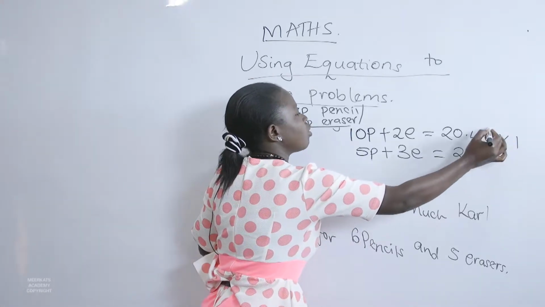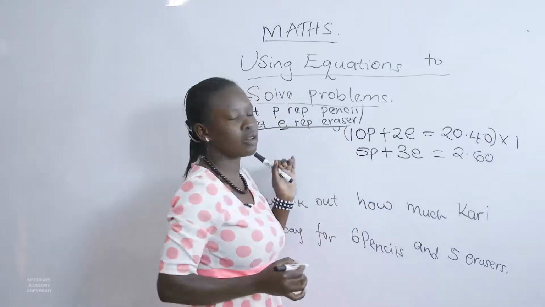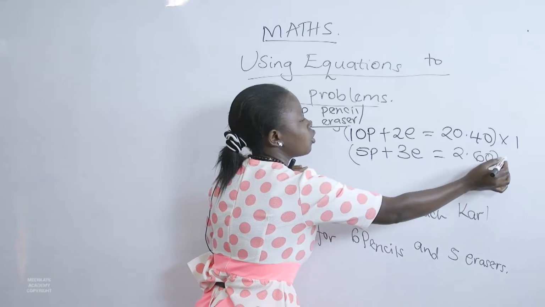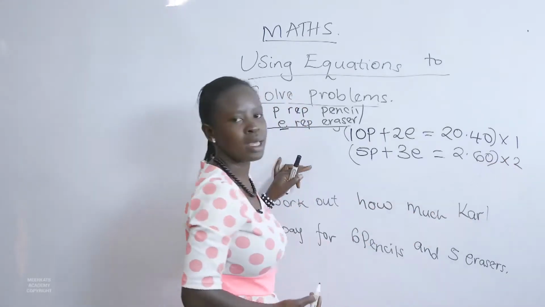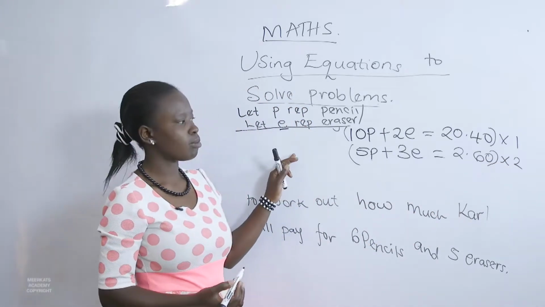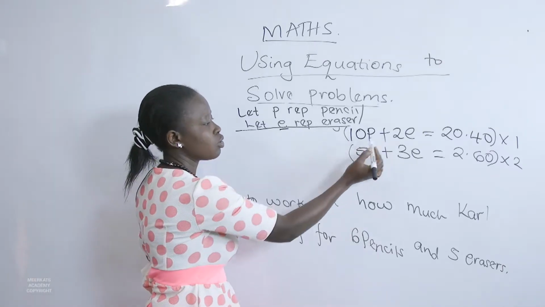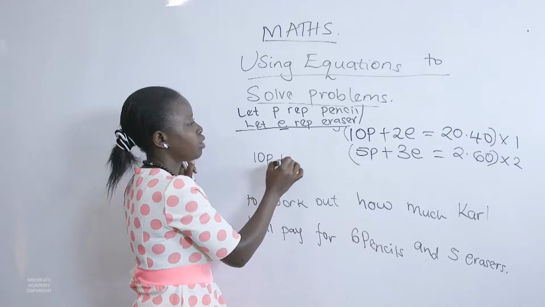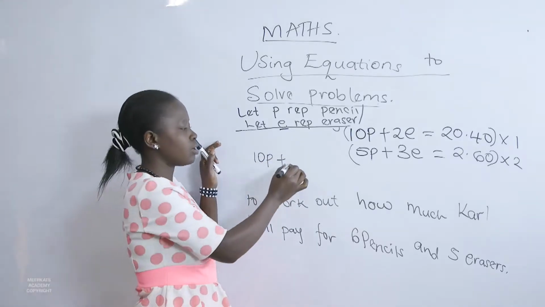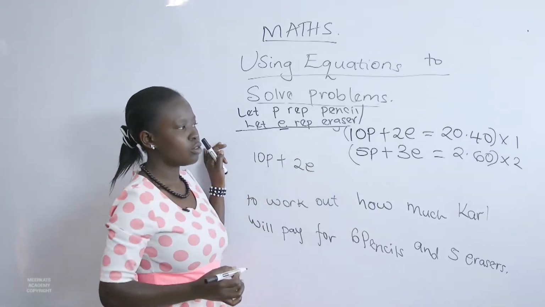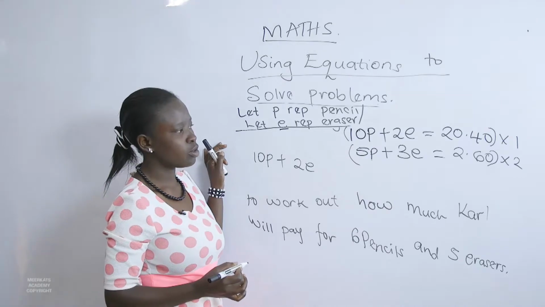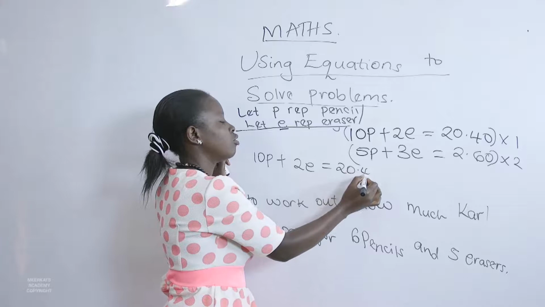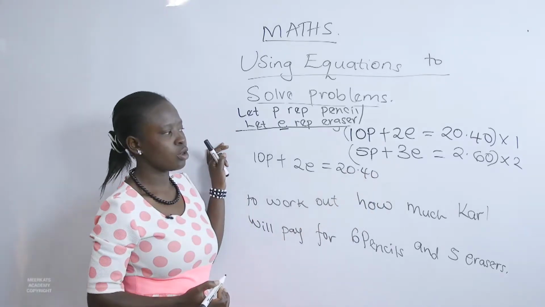So the whole of the first equation is multiplied by 1, and the whole of the second equation is multiplied by 2. So let us multiply throughout the equation. 10p times 1 will be 10p, plus 2e times 1, that is 2e. 20.40 times 1 will still remain 20.40. So this is the first equation.